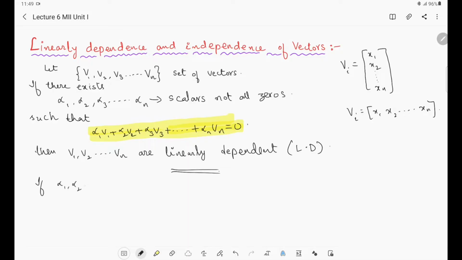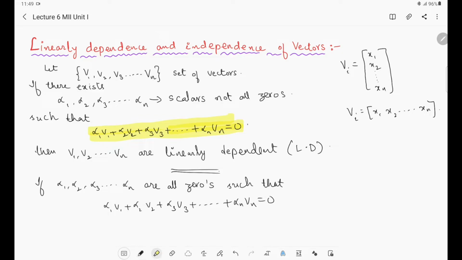Then we say that the vectors v1, v2 and so on vn are linearly independent.